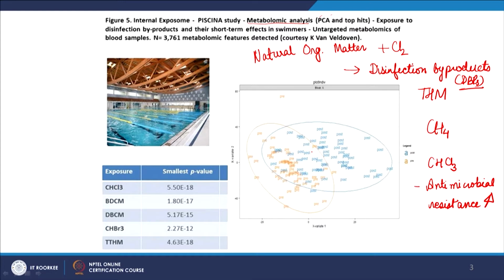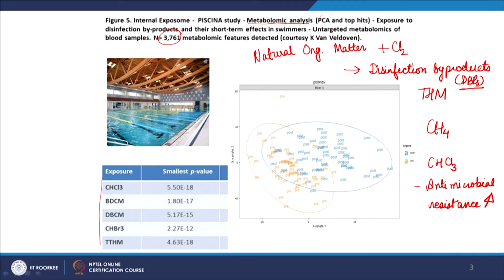So basically you have the exposure to disinfection byproducts. These are the disinfection byproducts that they noticed, and their short term effect in swimmers, because they looked only at the short term. This is untargeted metabolomics of blood samples. They did it for 3,761 people, which is quite a large number, so if they have conclusive evidence for anything, it should be statistically significant.